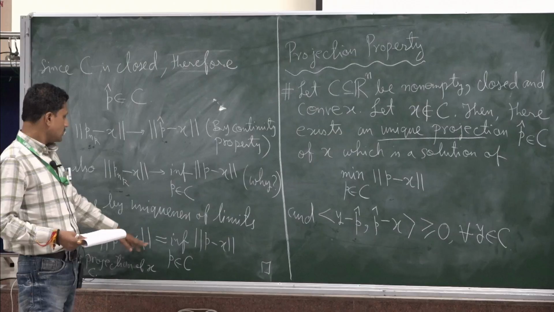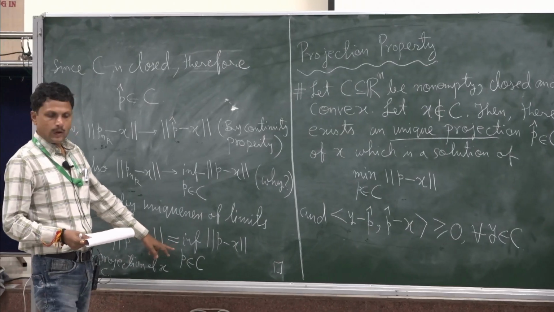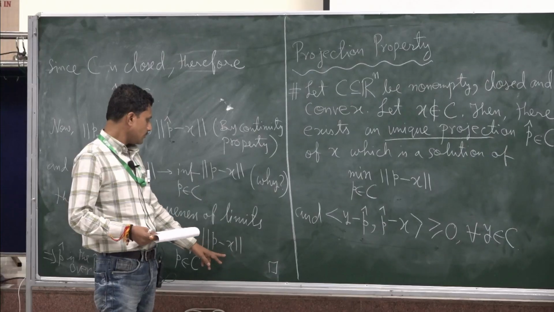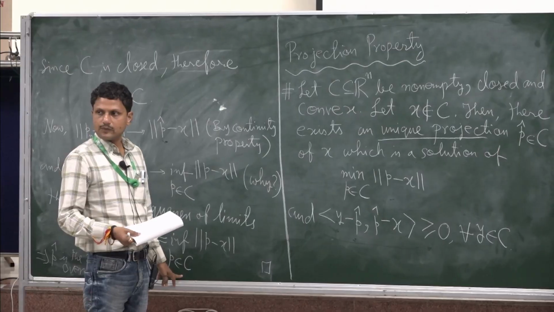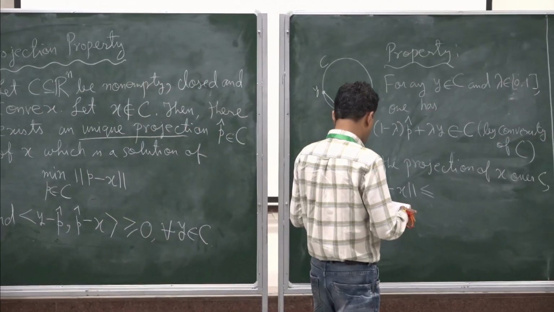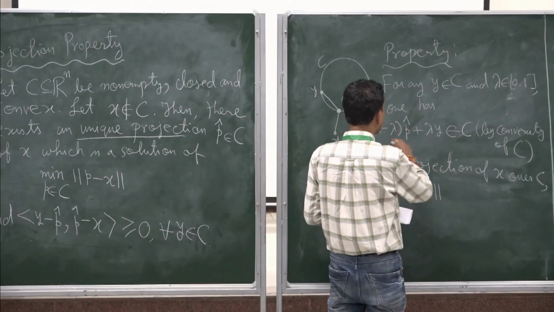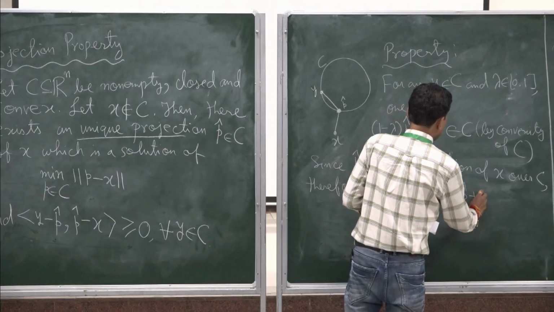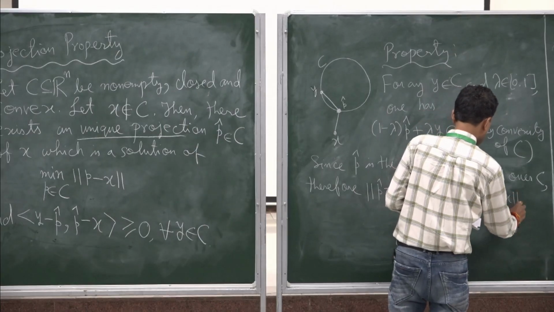It means this value will be less than or equal to every value of this norm. So in place of P we can have any other element of the set C. So we can write this norm of P hat minus X should be less than or equal to, now we are going to write, the norm of (1 minus lambda) P hat plus lambda y minus X, right?